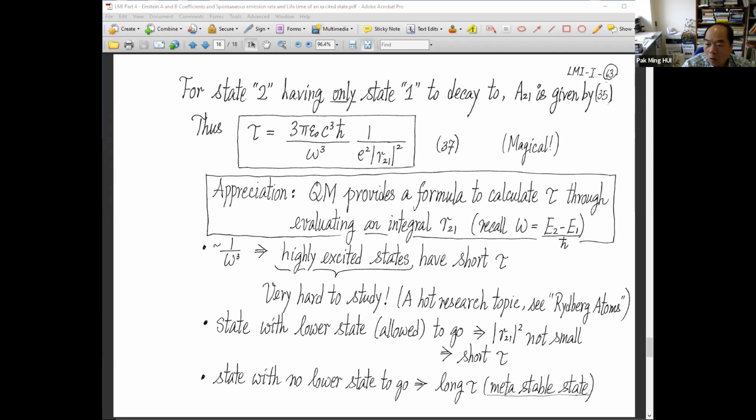And those are called metastable states. For hydrogen 2p, it is of the order 10 to the minus 8 second, okay? Because there is a 1s to go to. This is hydrogen 2p state.